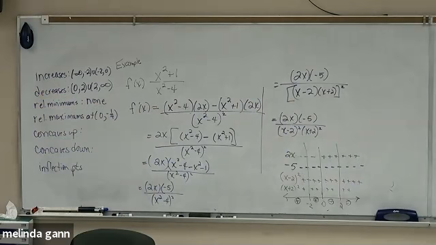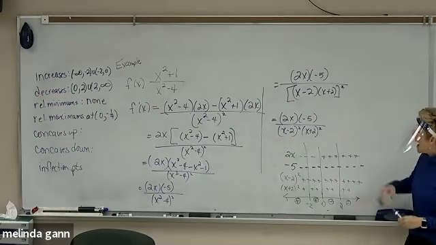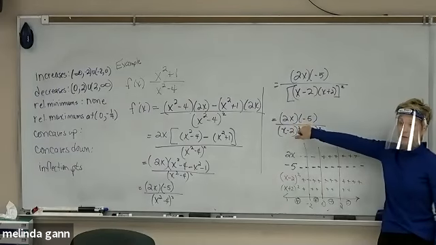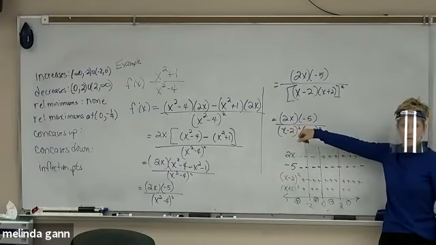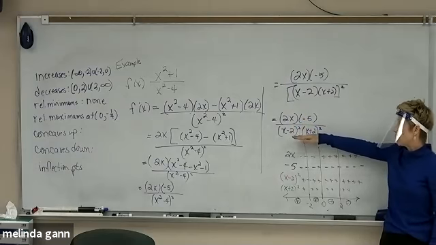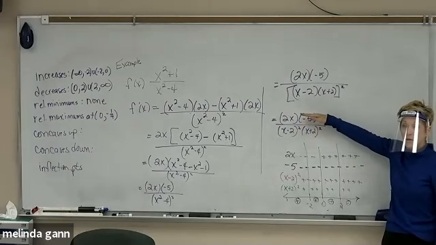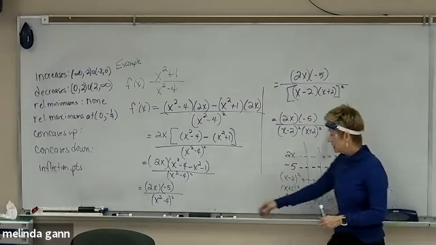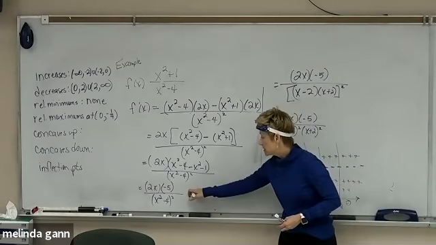Now, this is my advice. I would not use this factored form to do the derivative. Because if I do the derivative of this, I don't want to use the product rule in the middle of a what? Quotient rule. I'd probably go back to this one.